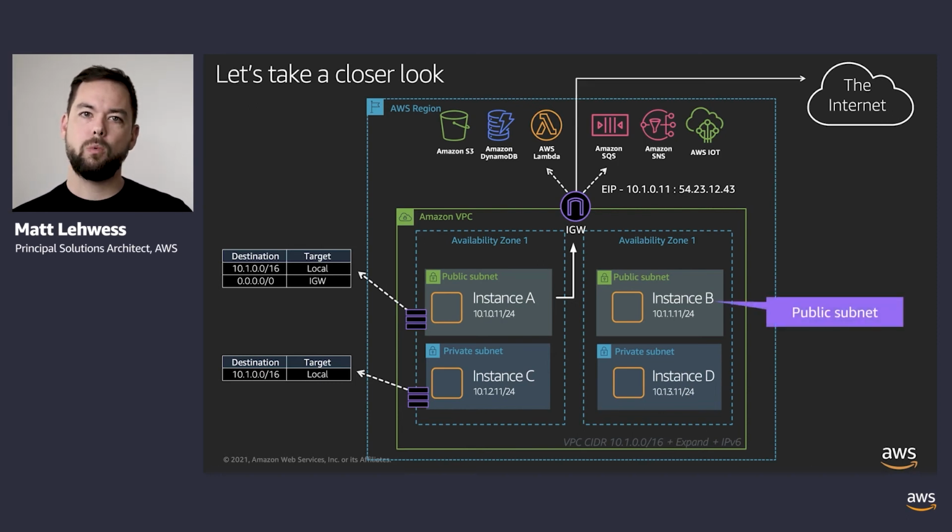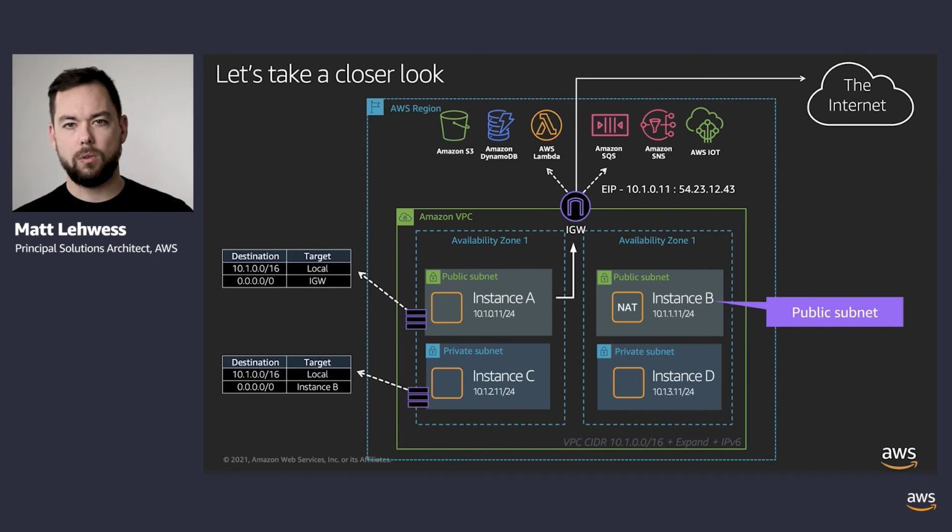Now, maybe we want our instance A to have internet connectivity, but we want instance C to not be able to be reached from the public internet. And so what we've got here are two different types of subnets. We've got our public subnets that have native internet connectivity, and we've got our private subnets that don't. And so in this case, our instance C has a default route to instance B, which is in a public subnet.